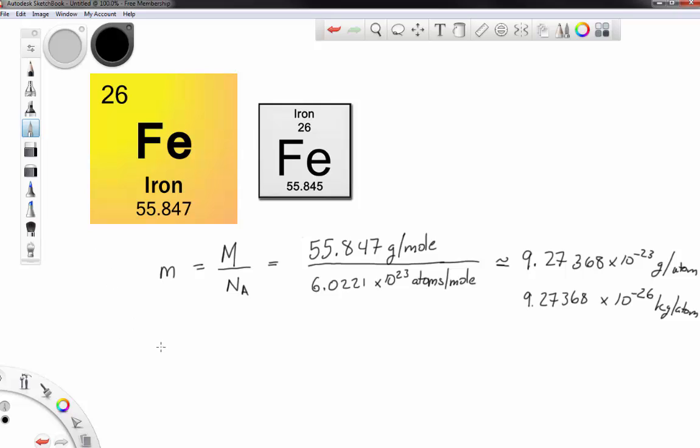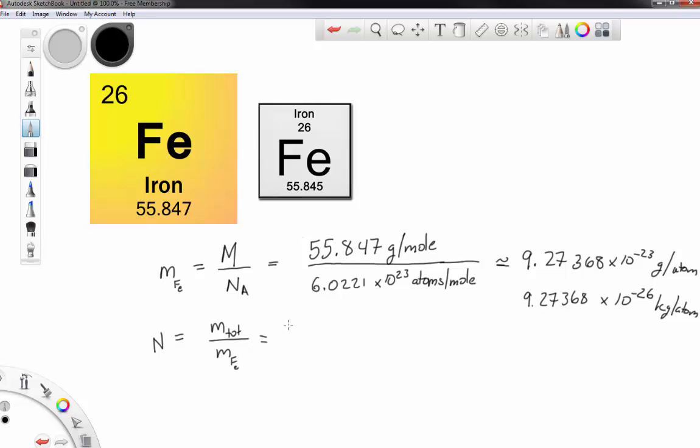In any case, if I wanted to find the total number of atoms in a given mass, then I would use the total mass in question and divide it by the mass of a single iron atom. So I'm going to label this MFE for mass of iron.